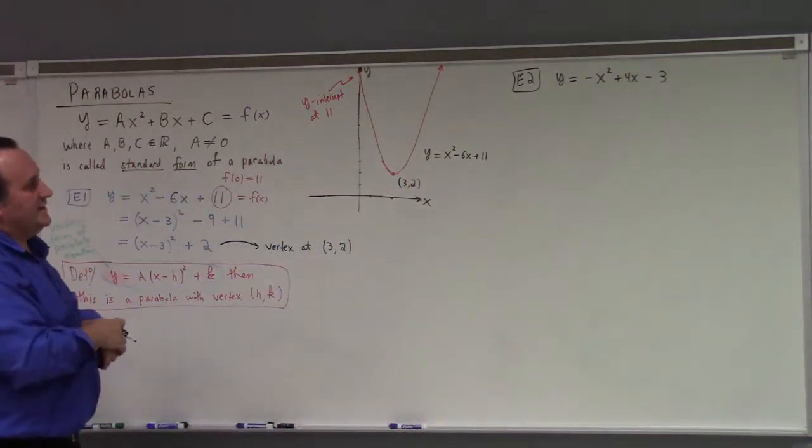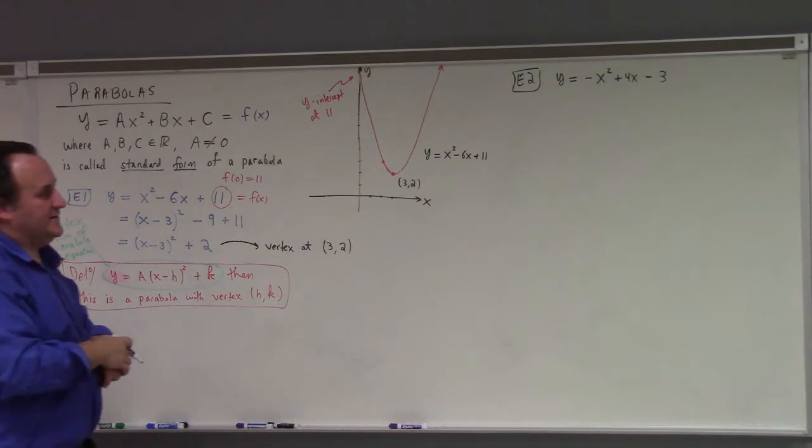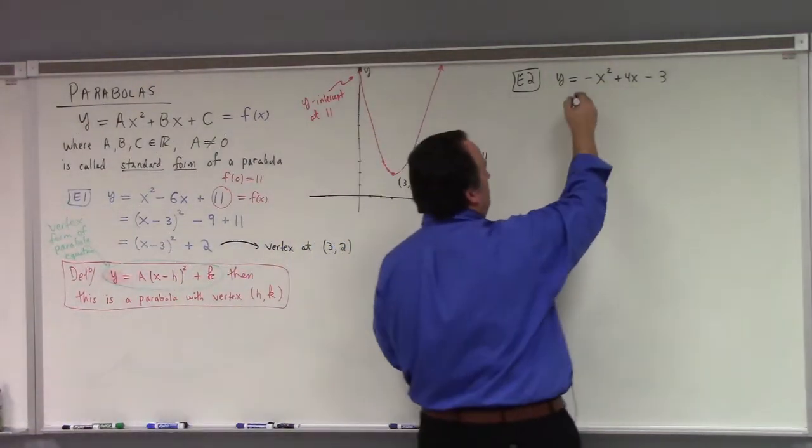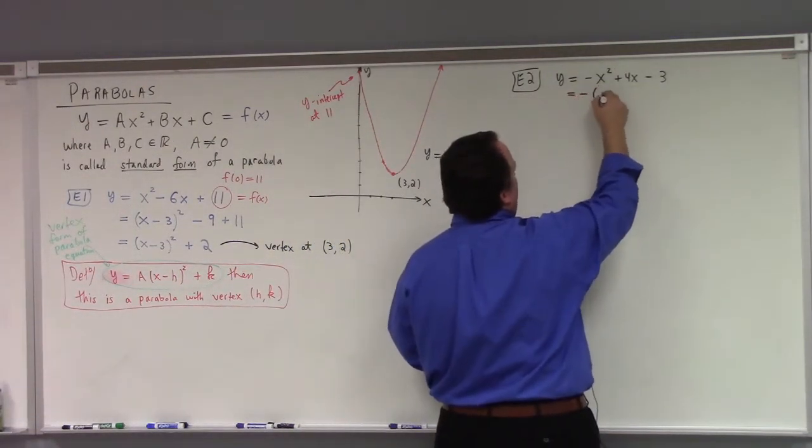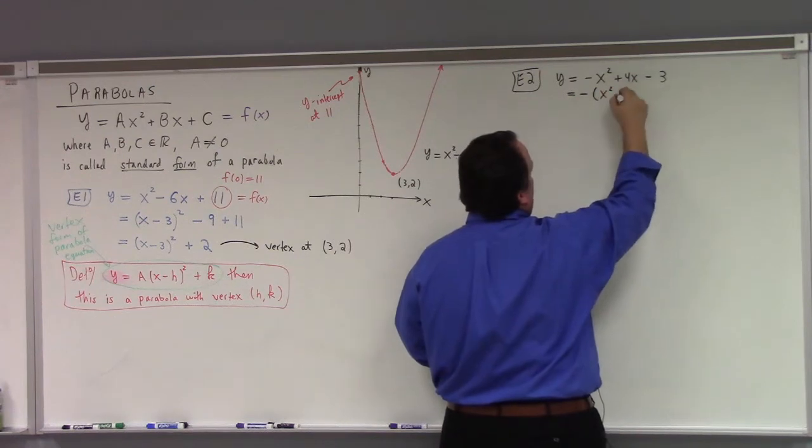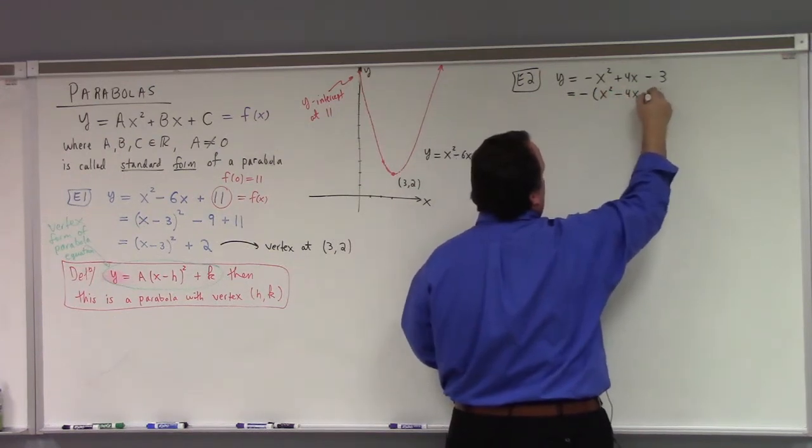If I've got something like this, the first thing I want to do is factor out that pesky minus. So this is minus parentheses x squared minus 4x plus 3, right?